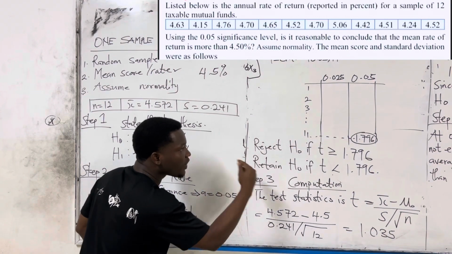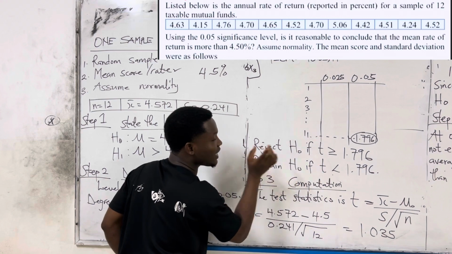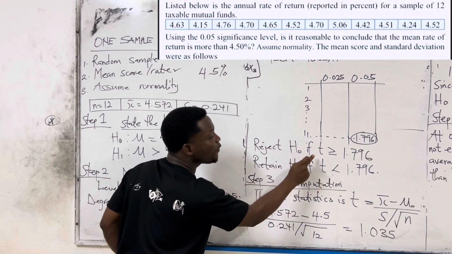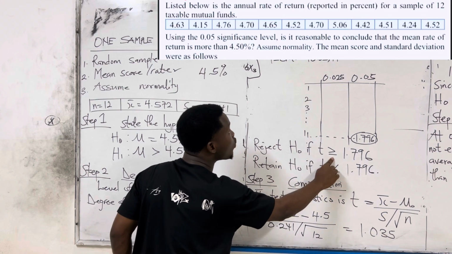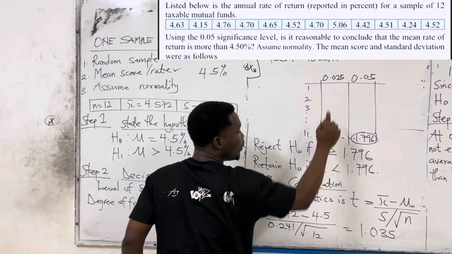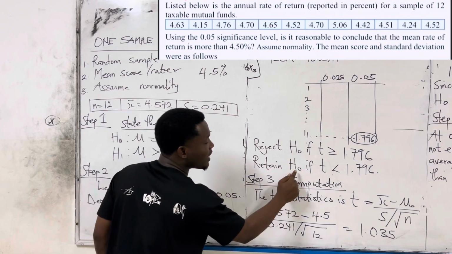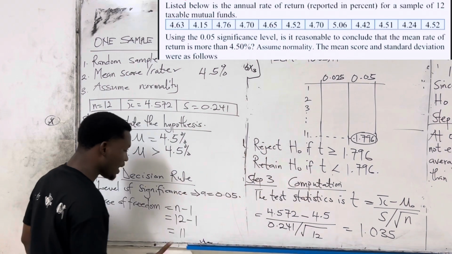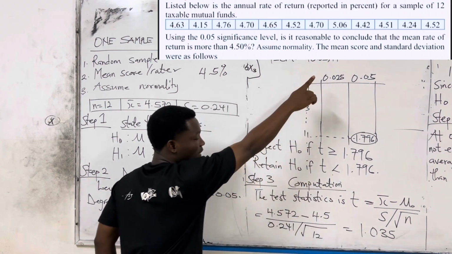This is what we use to find our t critical value. We reject the hypothesis if the t value is greater than or equal to the t critical value. But we retain or accept the hypothesis if the t value that we solved here is less than the t critical value.